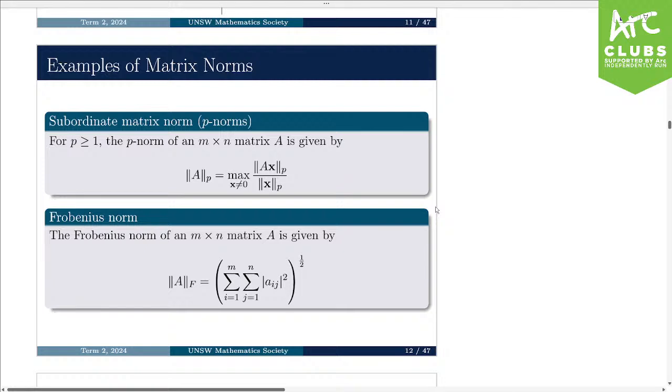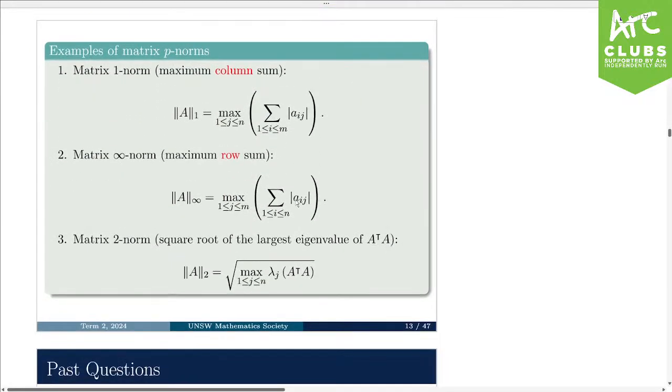But usually in the questions from the past papers, I think there's more to do with norms of this type, and there's only 3 special cases of the P norm that get used in this course, and that's these 3.